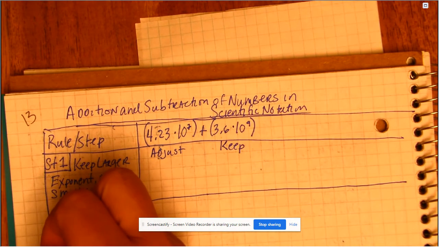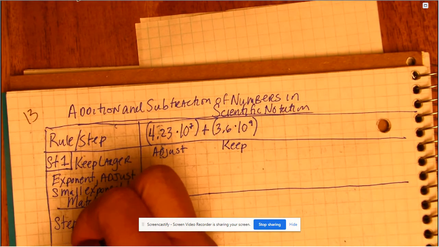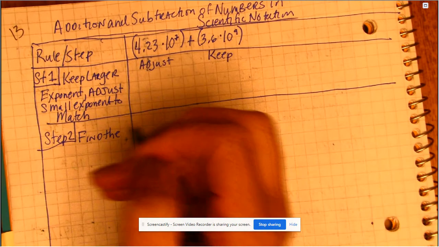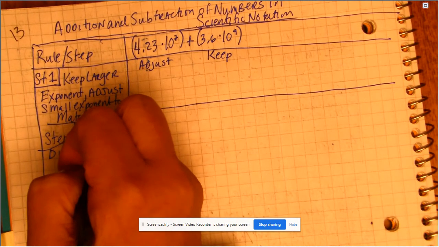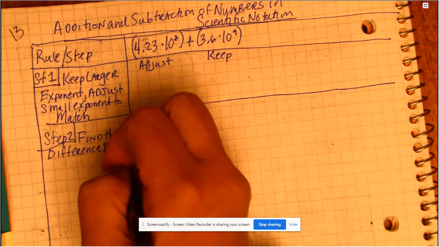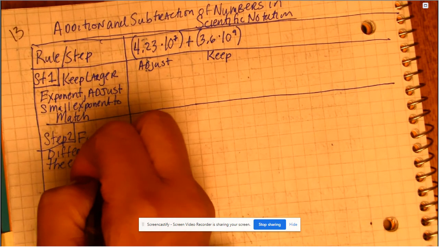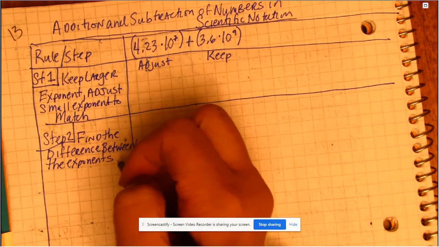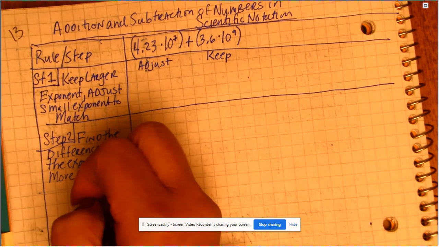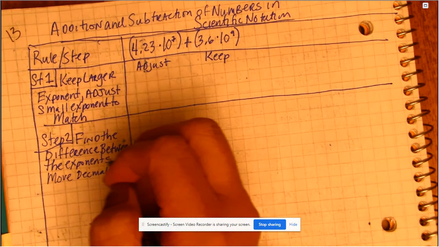So step 2. Here we just decided which one we're going to keep and which one we're going to adjust. Find the difference between the exponents, move decimal left that many times.